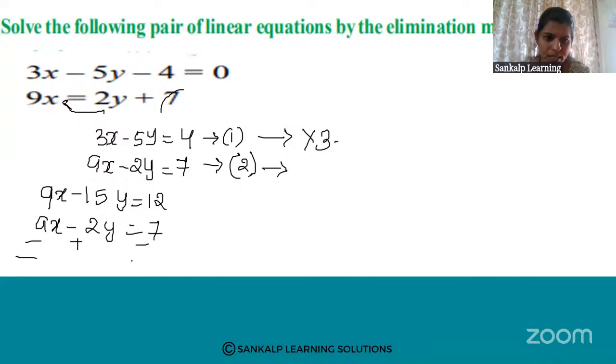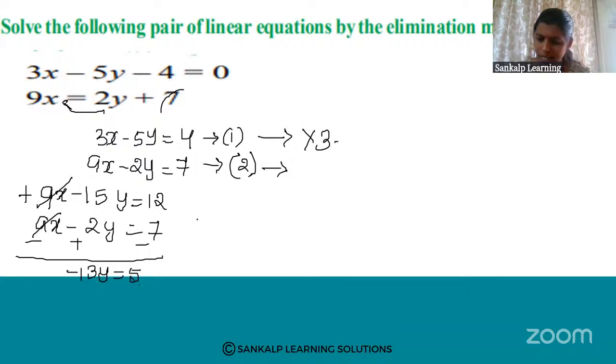If plus, make it minus; if minus, make it plus. 9x and 9x will get cancelled because this is plus, this is minus. So both will get cancelled. Minus 15 plus 2 means it is minus 13y is equal to 12 minus 7. 12 minus 7, that is 5 you will get.